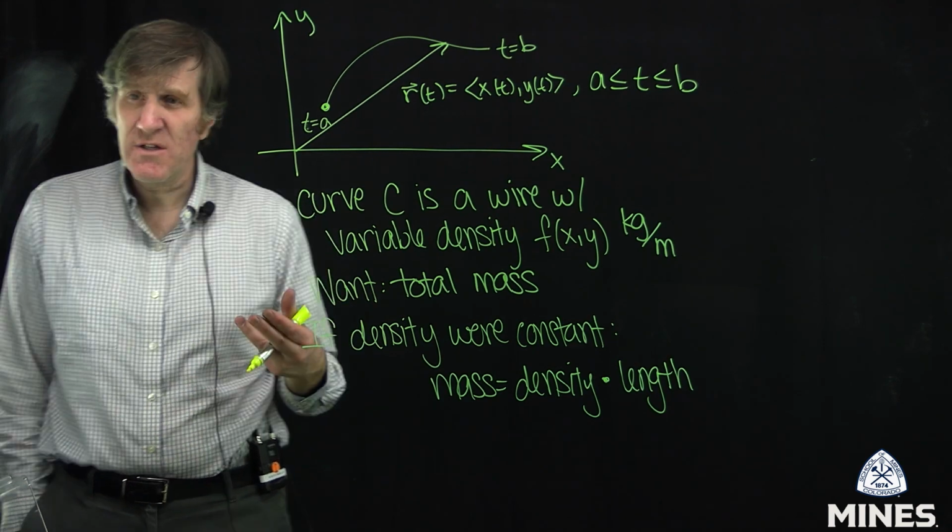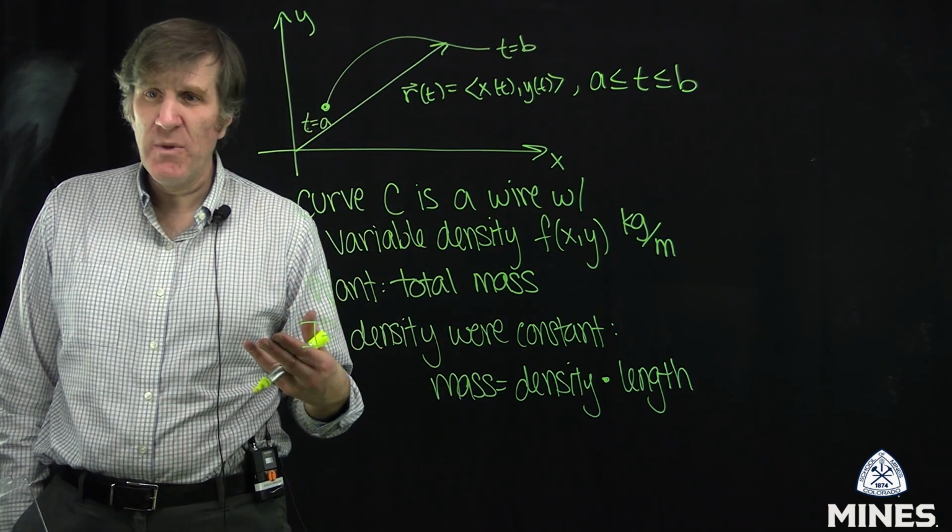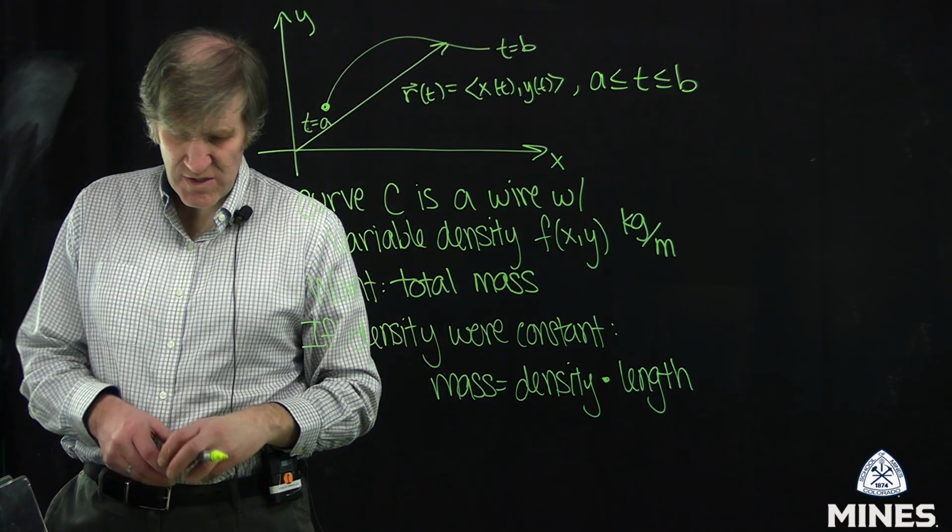We need to use calculus, and the calculus we need to use is similar to the Riemann sum idea, where we need to take the problem and break it up into pieces that we can manage.